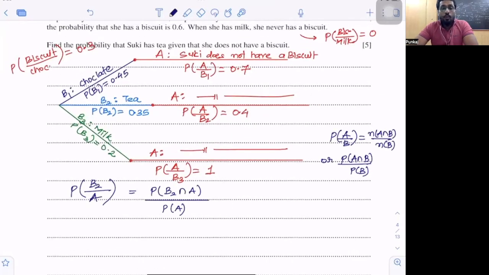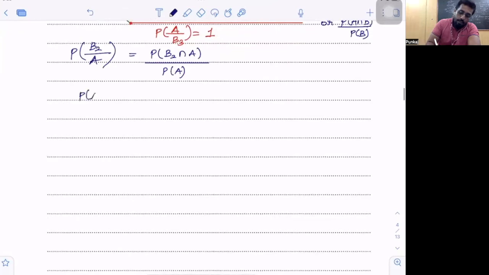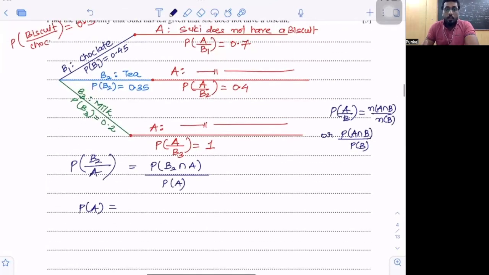Probability of A means Suki is not having a biscuit. So Suki is not having a biscuit and she had a chocolate, or Suki is not having a biscuit and she had tea, or Suki is not having a biscuit and she had milk. So P of A is going to be what here? So probability of A is going to be 0.7.